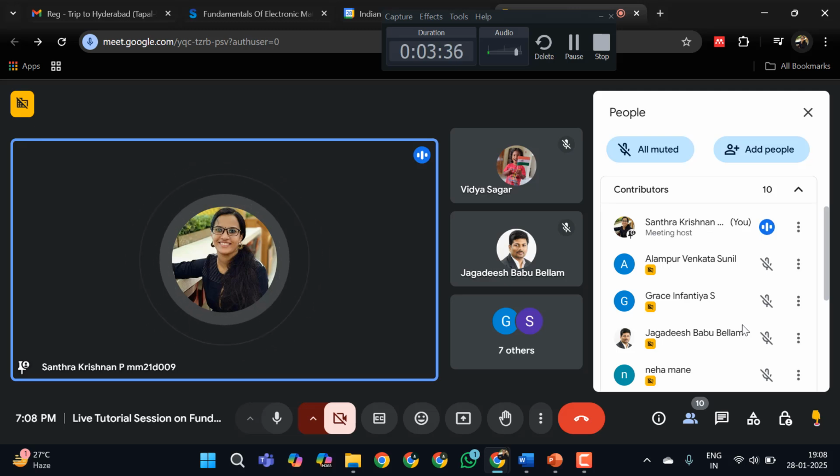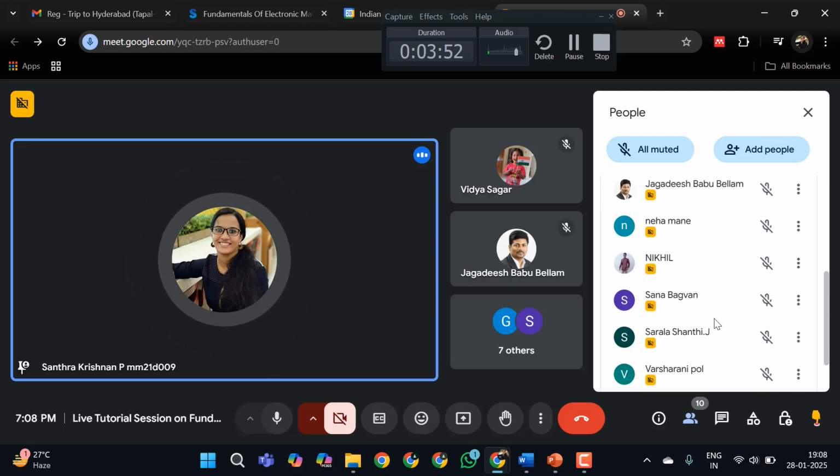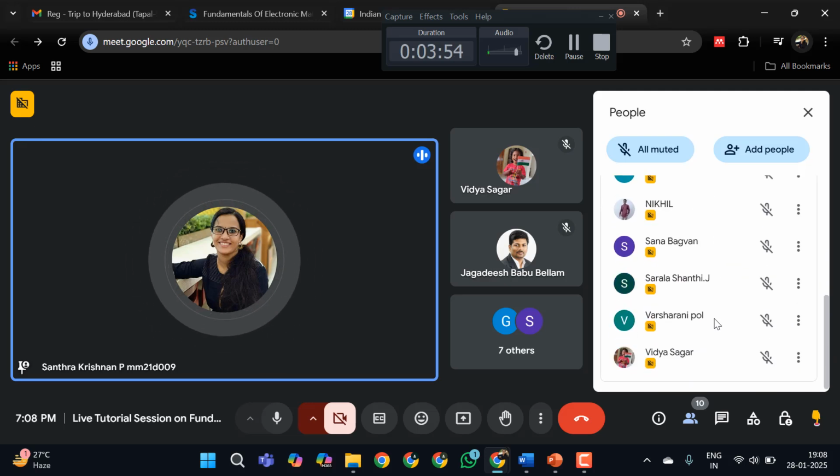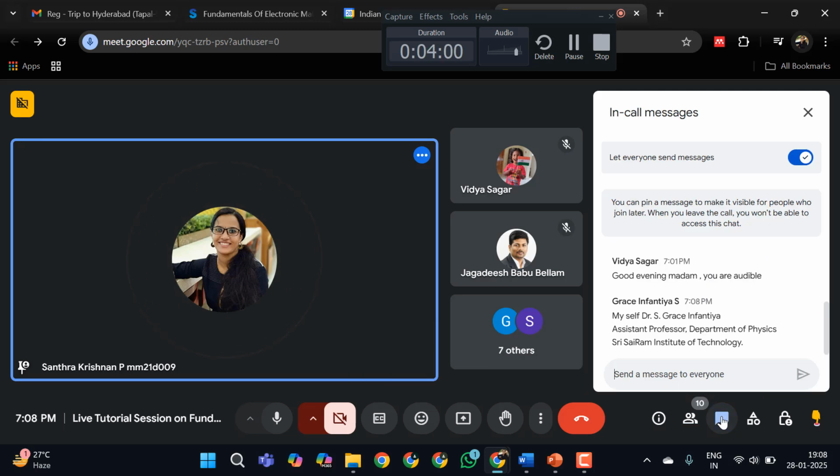Suppose a person is from a very different background, that person might not be able to grasp compared to a person who knows semiconductors very well. So if everyone would just take a few seconds and write down your backgrounds, that would be really great. So we have Venkateswaran, Grace, Neha, Nikhil, Sana, Bhavan, Sarala, Varshini, I think, and Vidya Sagar.